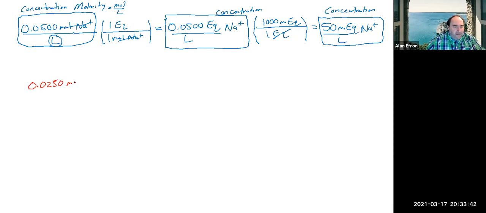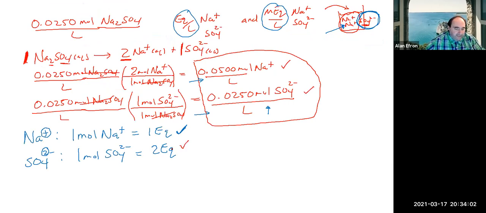Our original sulfate concentration was 0.0250 moles per liter of sulfate ions floating around. And again, that is the molarity, which is moles per liter, and that's a unit of concentration. We're going to do the same conversion, but it is different because this is sulfate. We saw we had a different relationship in terms of equivalence.